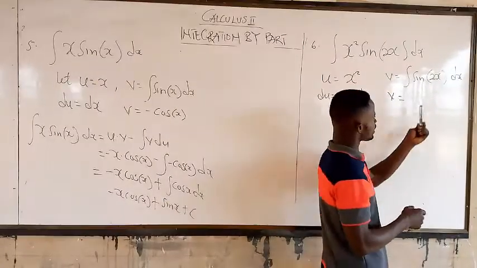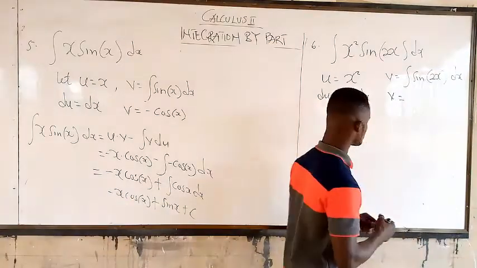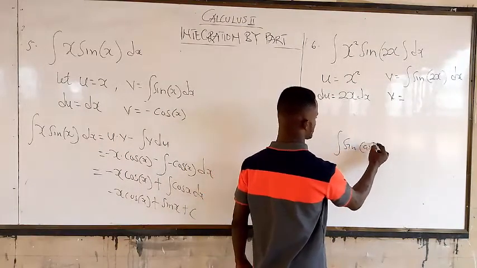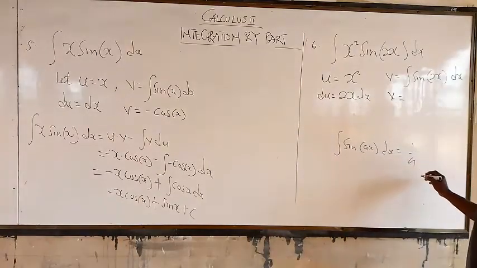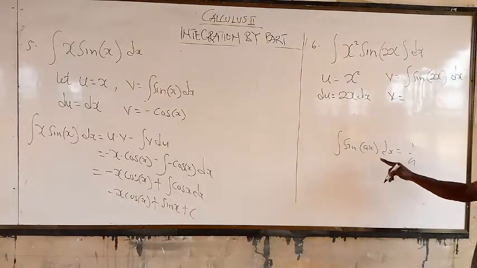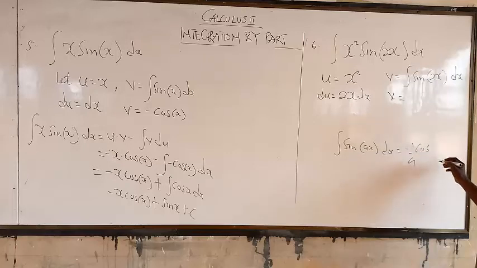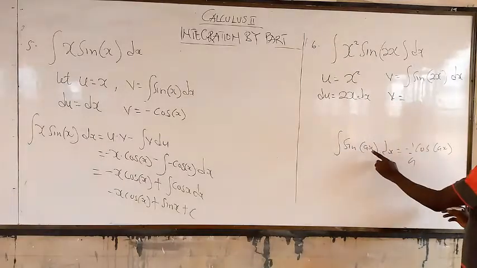V will be equal to. Now, when you integrate this, what do you think it will be? Don't forget something. Whenever you integrate sine ax dx, the result is going to be 1 over a. Then integrating sine, you get negative cos ax. This is how you're going to do it. You get 1 over the constant here.